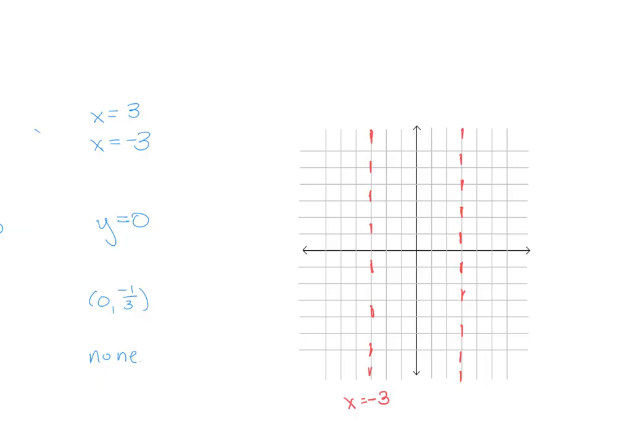We have a horizontal asymptote at y equals 0. And we have a y-intercept at (0, -1/3).